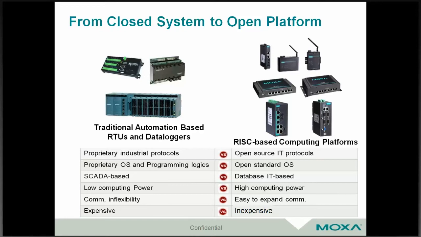So the question now comes in, how can I upgrade my systems, right? If I already have a legacy POC or RTU in place, how do I get those POC and RTU data using the computing platforms? What's the best practice that you can do to get those data back to the central location?